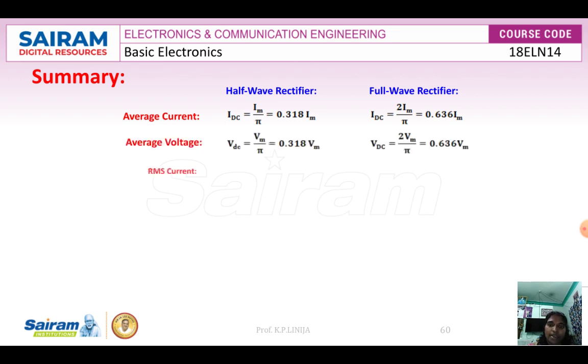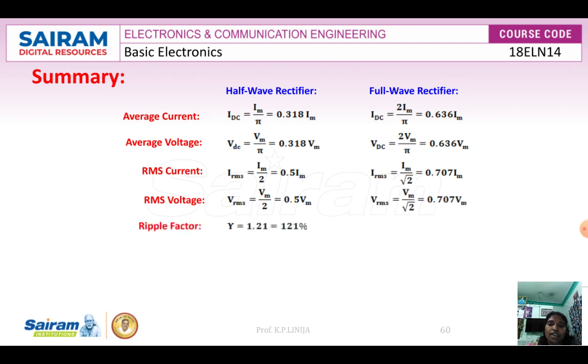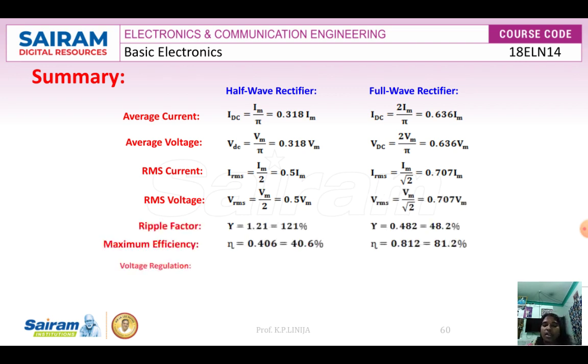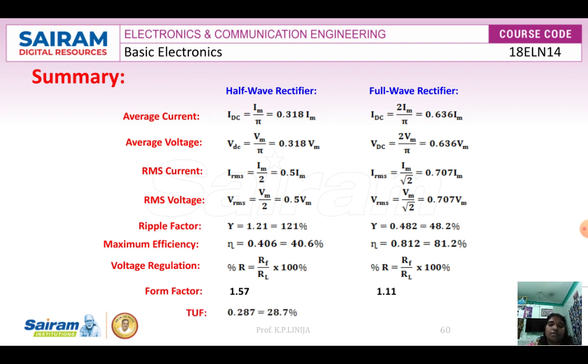So let's have a summary of the derivations we have done. We'll compare here so that it is very easy to keep in mind. If the circuit operation is very clear, it's not a matter to derive all those things. Here the IDC value is doubled.